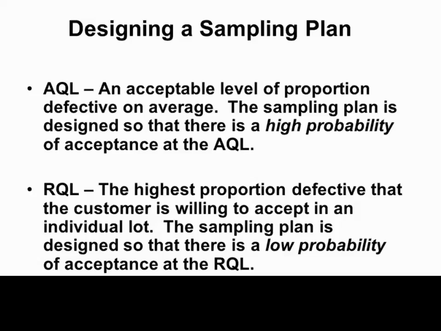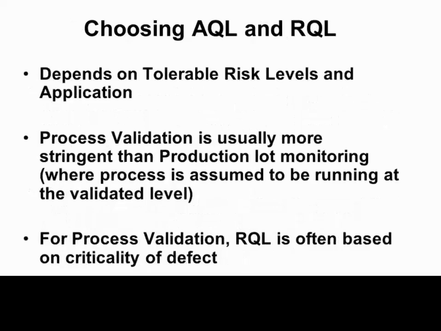Then the RQL is the other end. It's the maximum proportion defective you would ever want to tolerate on an individual lot, and only because you made an error. We want our sampling plan to be designed so that there's a very low probability of acceptance at that level of quality, at that higher proportion defective level.